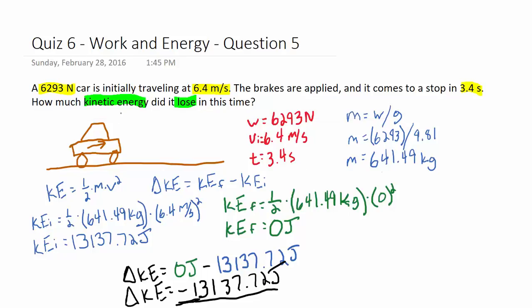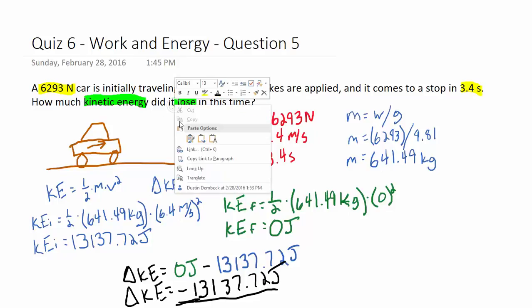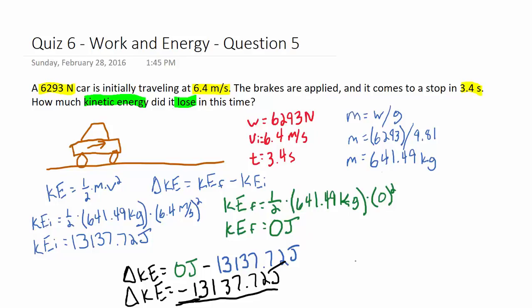Now with how this question is worded, because it asks how much kinetic energy did it lose in this time, which is a negative, I'm thinking that the answer for this is going to be a positive 13,137.72 joules, because it lost this amount.